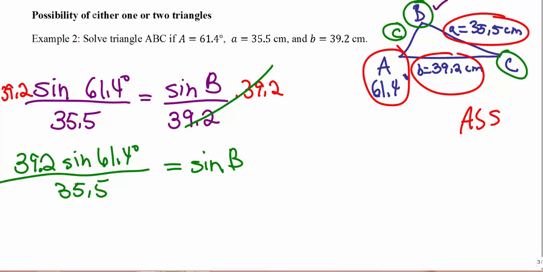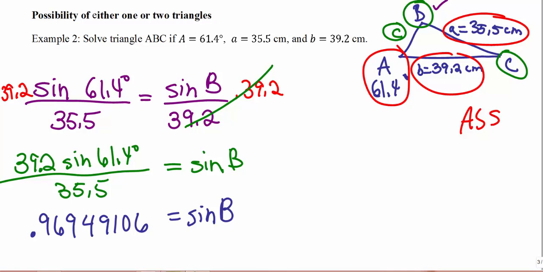And I suggest that when you are working with the ambiguous case that you type this into the calculator first to figure out what the sine value is that we're talking about. And when I put this fraction into my calculator, I get 0.96949106. And what this tells me is that this is going to be possible because sine values are between -1 and +1, and this is within the allowed range for sine.